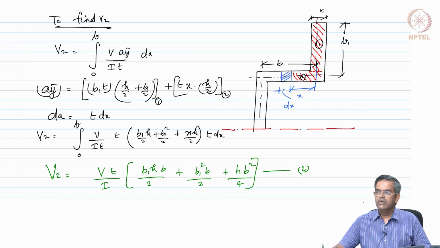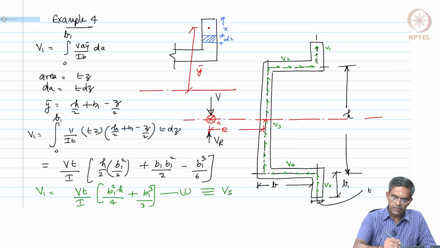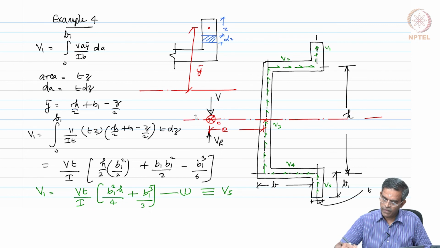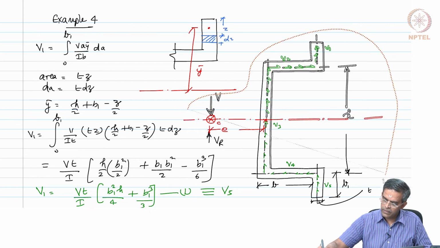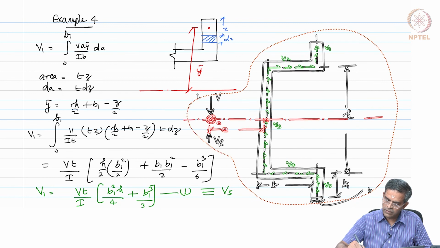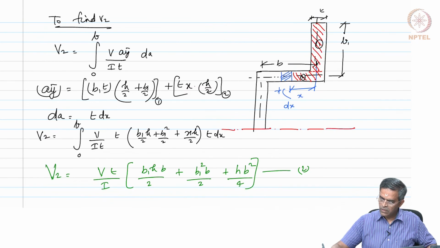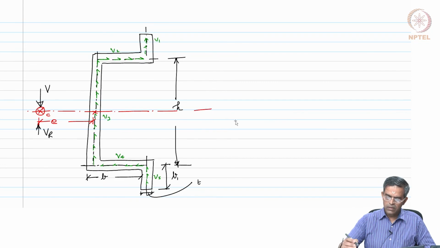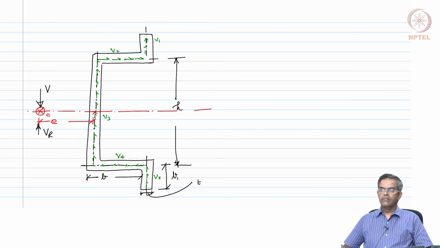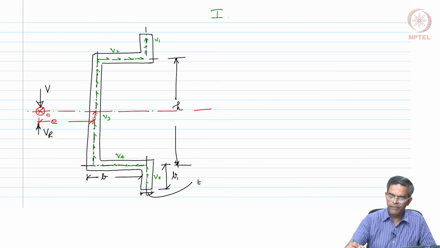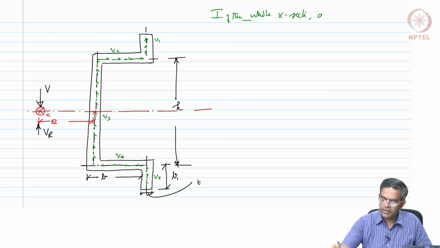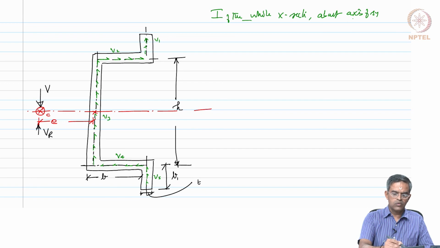Now, I want to find the moment of inertia of the whole section. Let us copy this figure. So, we want to find the moment of inertia of the whole cross section about the axis of symmetry. So, let us do that.